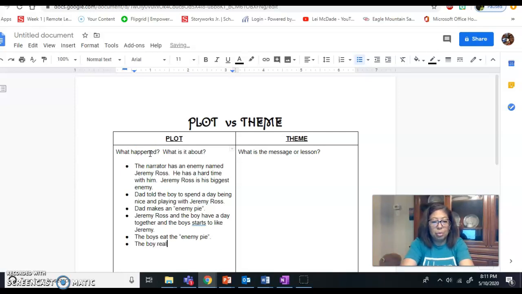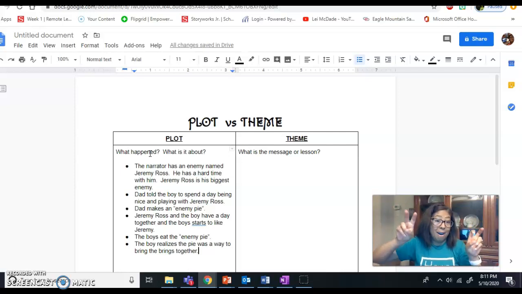The boy realizes the pie was a way to bring the boys together. Okay. And so that pretty much was the whole plot, right? The narrator has an enemy named Jeremy Ross. He had a hard time with him. He's his biggest enemy. Dad told the boy to spend a day being nice and playing with Jeremy Ross.